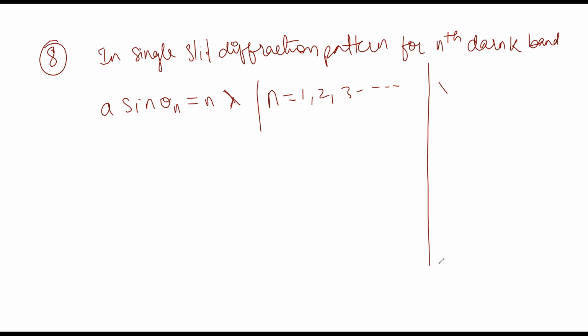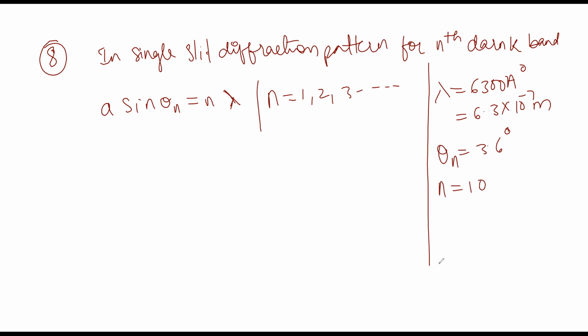Wavelength 6300 angstrom, which we can write as 6.3 × 10⁻⁷ meter. Then theta n is equal to 3.6 degrees, and the nth order is equal to 10.